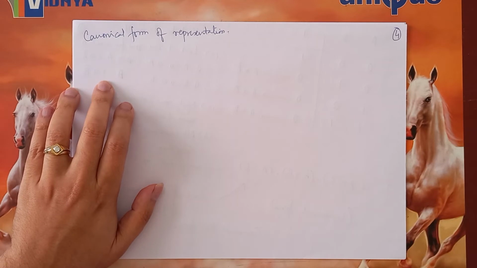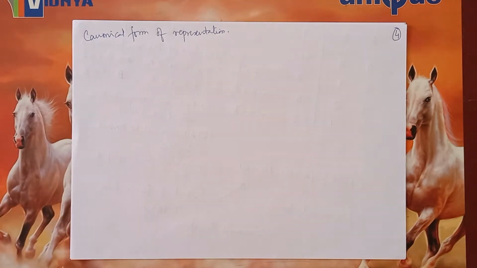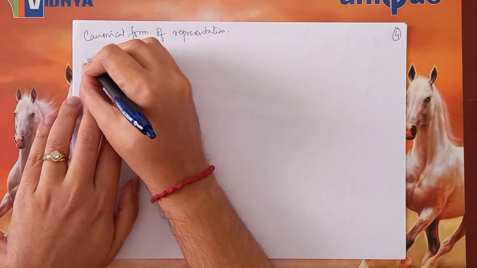Canonical form is where each individual term is a function of all input variables, not a subset.